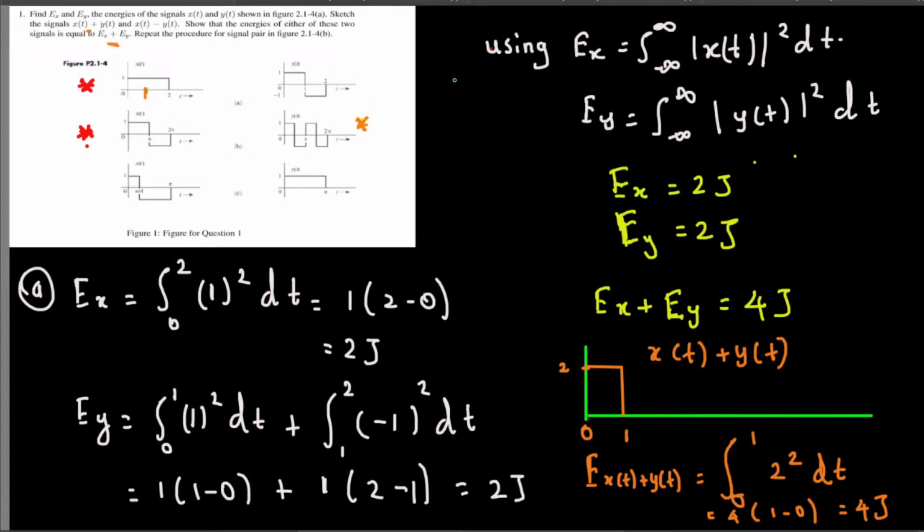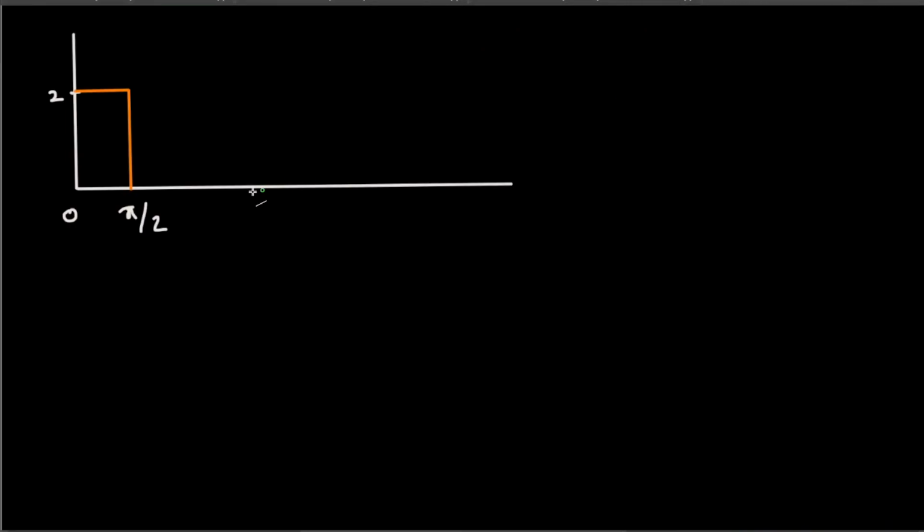So we are going to have something at 3π/2 to 2π, that is -2. We are going to have something over here. 3π/2 to 2π, and that is -2.